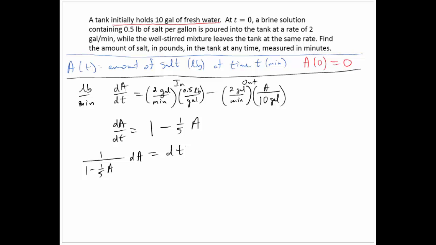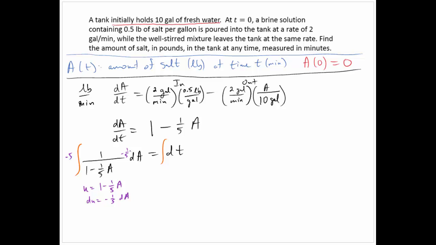Using a substitution, now I have to integrate both sides. And here I'll use the substitution u equals 1 minus 1/5 A, so then du is equal to negative 1/5 dA. So I would need a negative 1/5, that would mean I'd need a negative 5 on the outside.